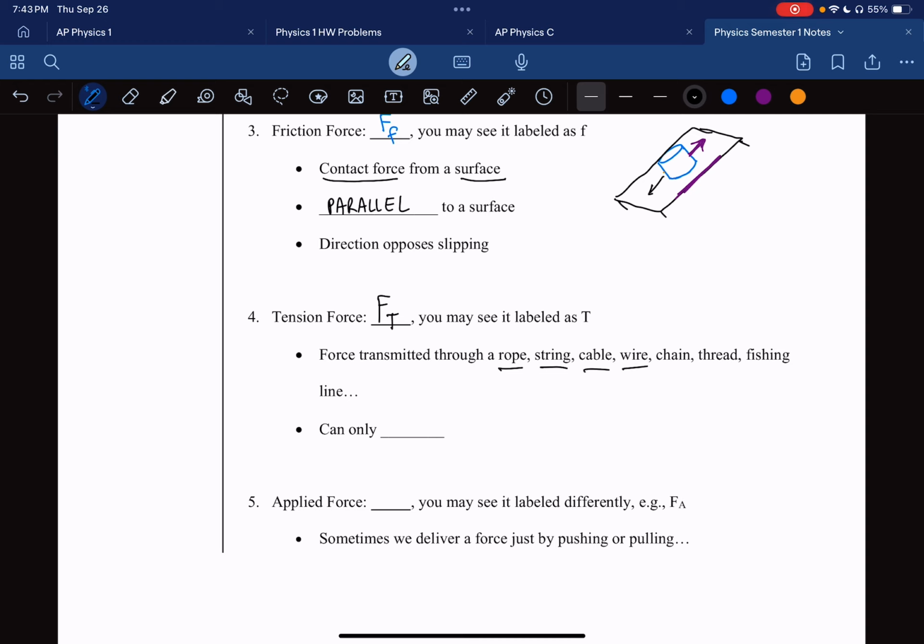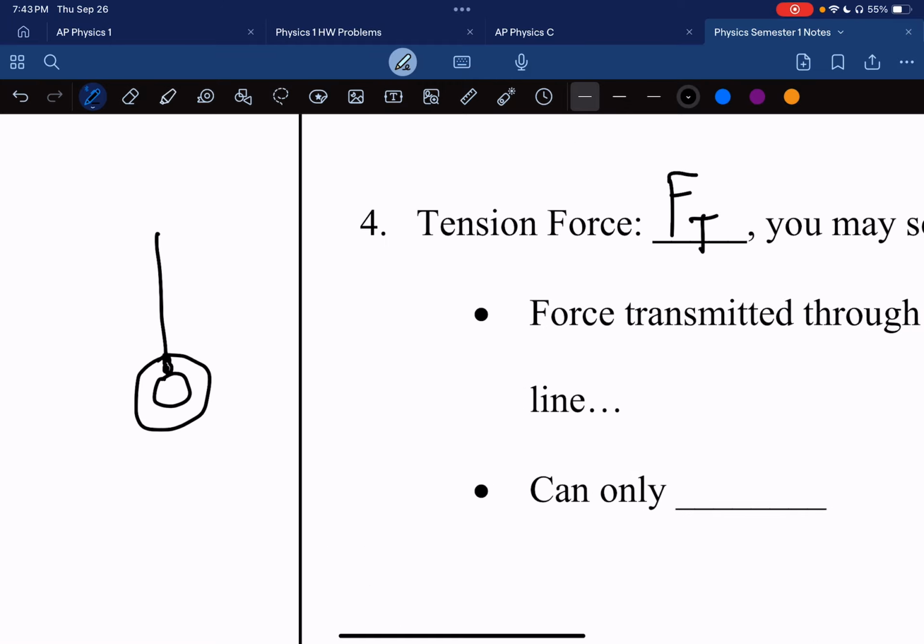Okay, like a wire. Fine, a chain, a thread. You guys get the idea. So I usually show a picture of a roll of tape that's attached to some string, or maybe a tire swing would be an example.